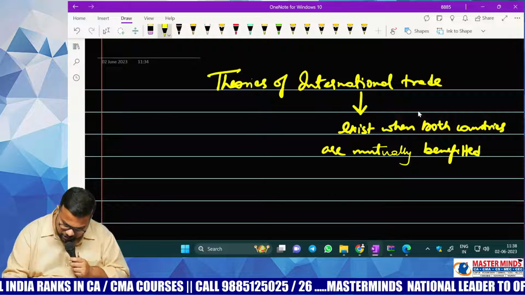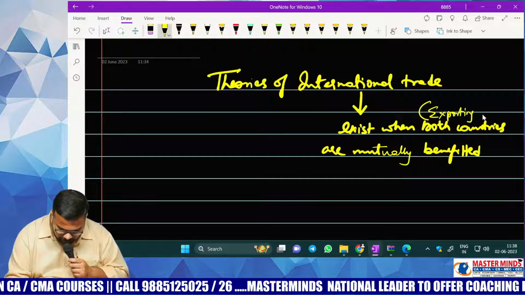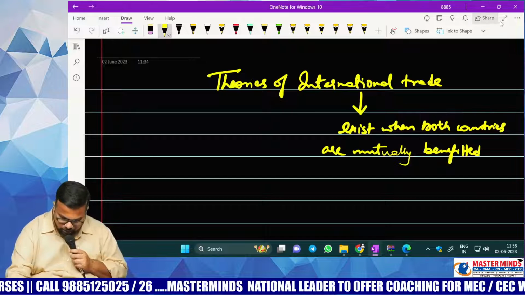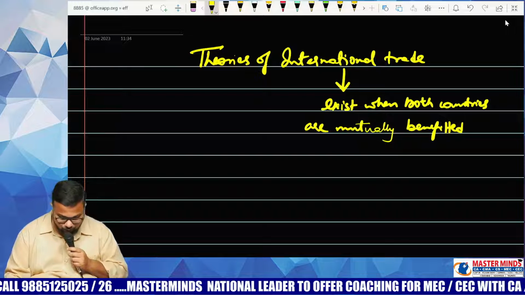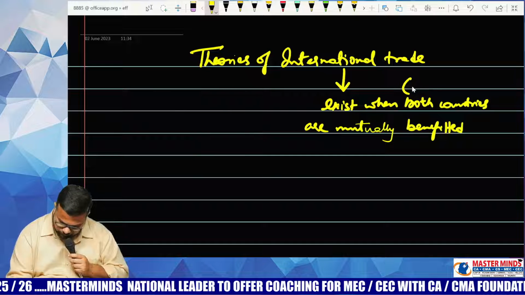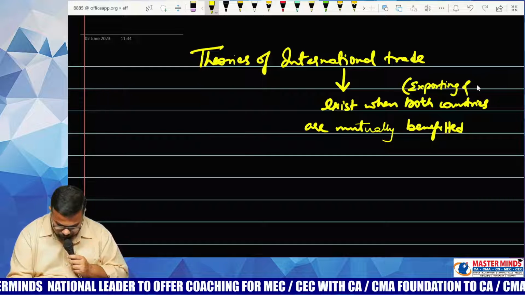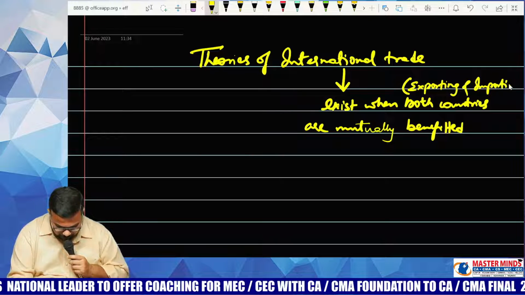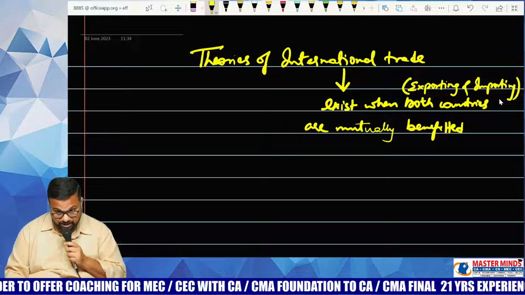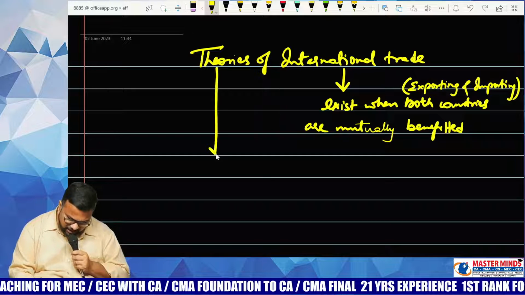Here both countries means I am talking about the exporting country as well as the importing country. That means it should be beneficial to both the countries, exporting as well as importing. So there are several theories in that regard.